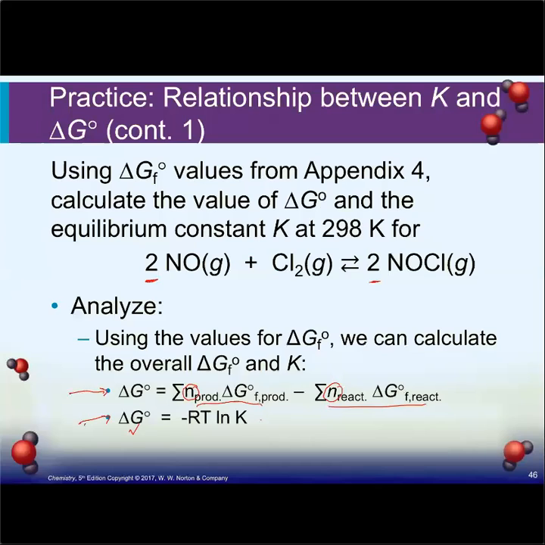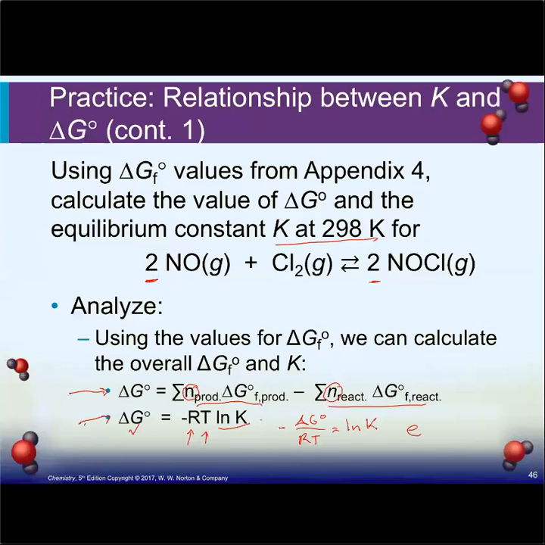We'll have the ΔG, we'll have the R, which is a constant, and we'll have the temperature, 298 Kelvin was given. We can calculate first the natural log of K, so ΔG° divided by RT is equal to the natural log of K. And then we do an exponentiation, and that will be e to the, oh sorry, I forgot the negative sign here.